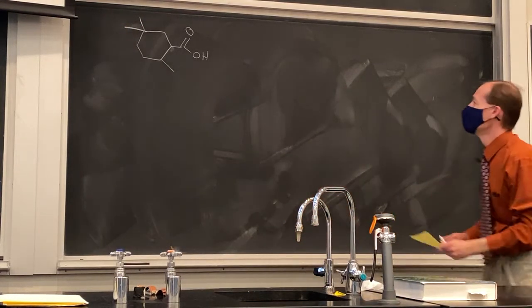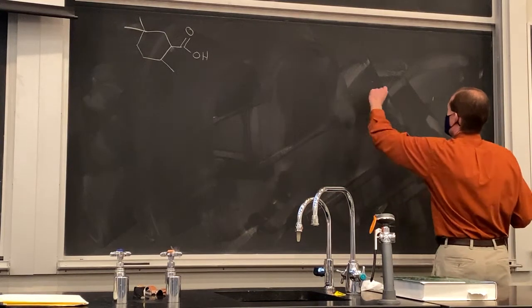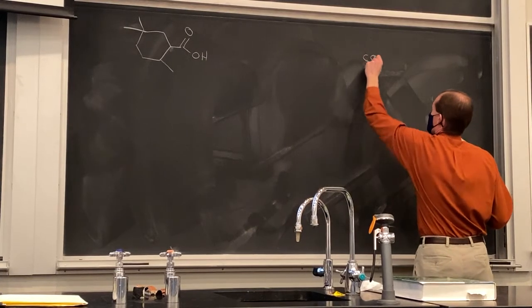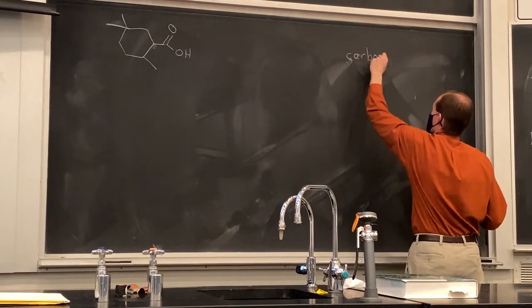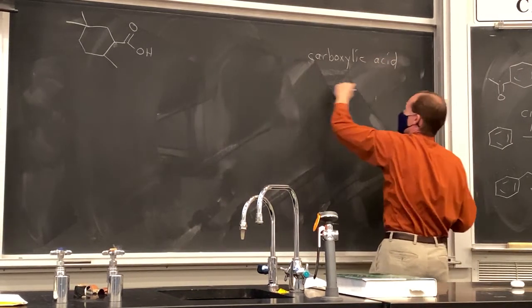All right. What's the parent name? What kind of a ring do we have? Cyclohexane. What do we put on the end? Okay. So we're going to have carboxylic acid.